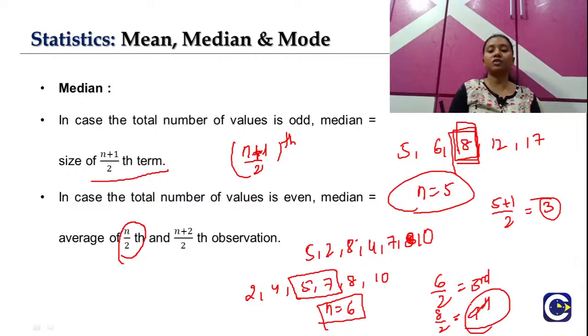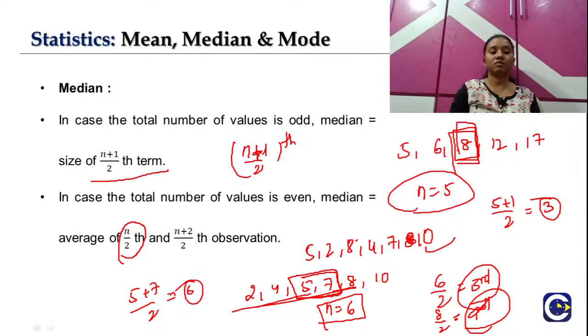The average of the third and fourth terms will be the median in this distribution. What are the third and fourth terms here? 5 and 7. So the median in this distribution is (5 plus 7) by 2, which is 12 by 2, 6.